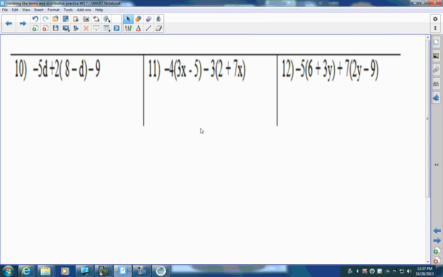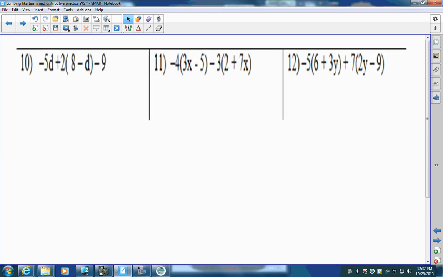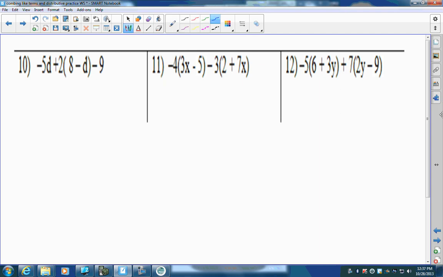All right, number 11. If you notice on number 11, there's 2 sets of parentheses. So the number that is right outside of the first parentheses, negative 4, you're going to take negative 4 times 3x. I get negative 12x. Negative 4 times negative 5, positive 20.